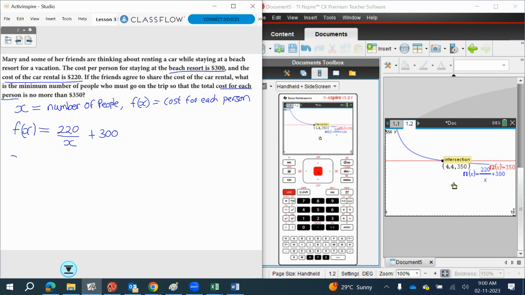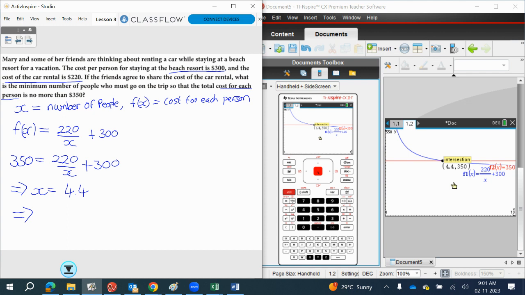So if we want 350 to equal 220 over x plus 300, this implies that x is equal to, what did we get as our answer? 4.4. Obviously, we can't have 4.4 as our answer.